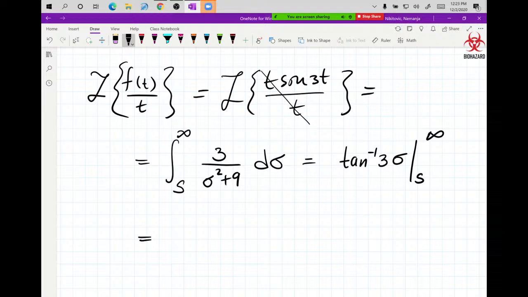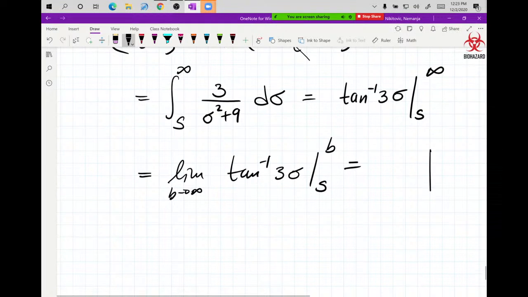And wait, that's unbounded. No, it's not. What am I talking about? This is inverse tangent. I'm completely losing my mind today. So this is the limit as b goes to infinity of tangent inverse of 3 sigma from s to b.